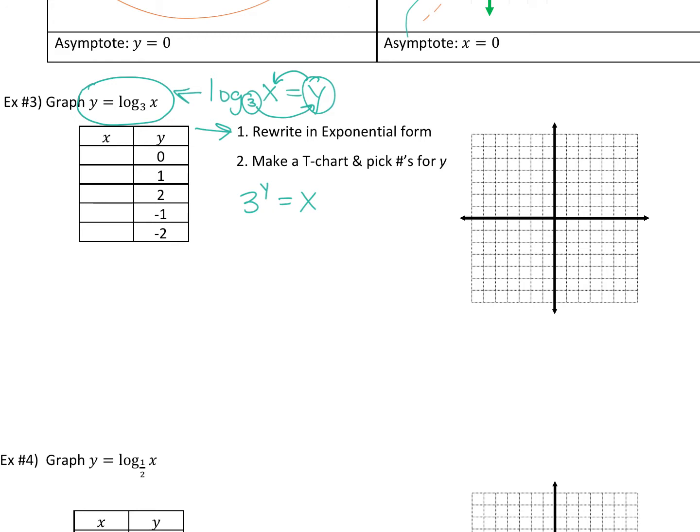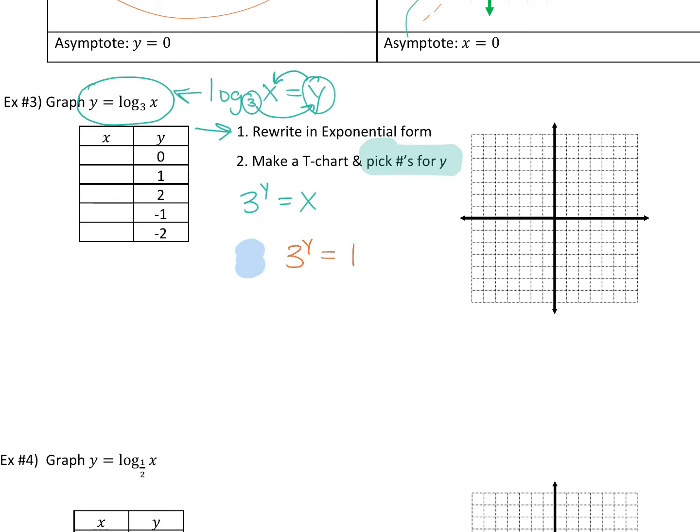Then once we've done that, you're going to make a t-chart. But this is hugely important, you guys. You have to pick numbers for y. So you're going to take a t-chart and plug in 0, 1, 2, -1, -2 for your y. Why do I want to plug them in for y right now? Is this easy to solve?